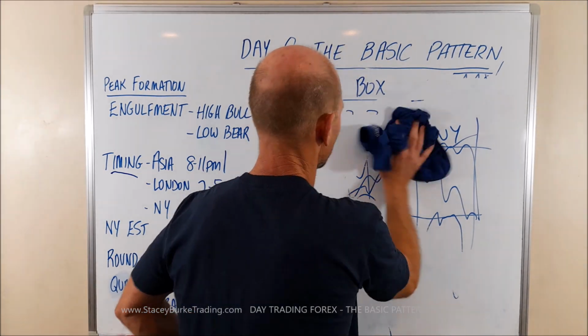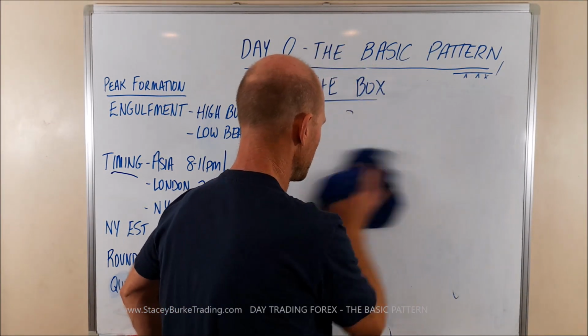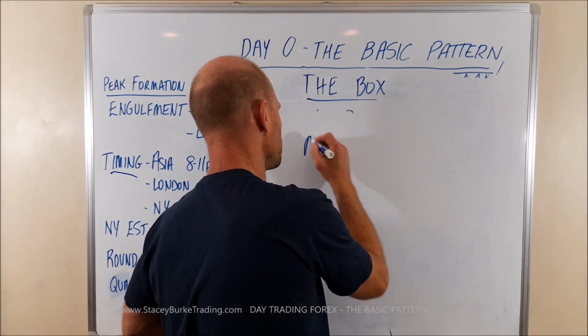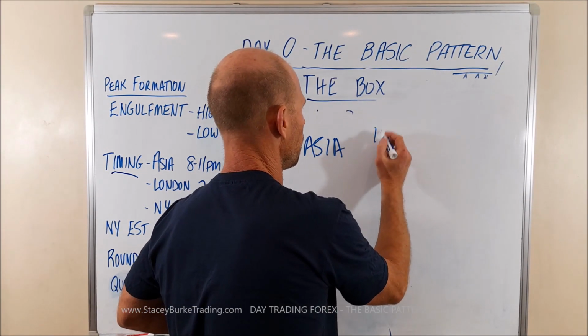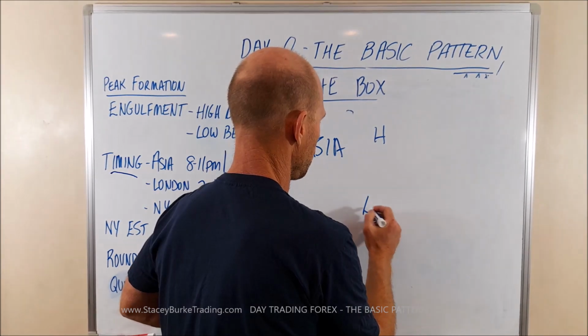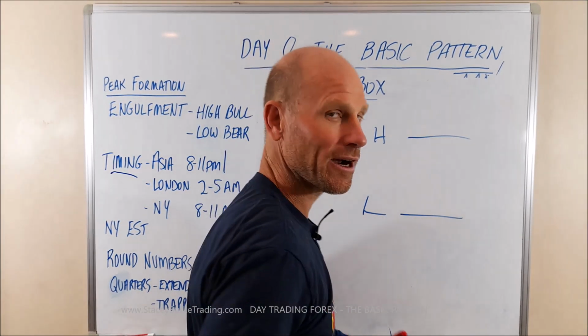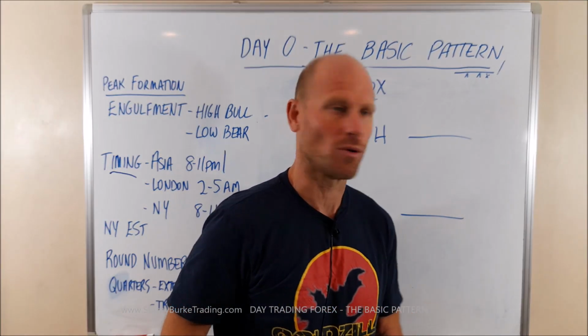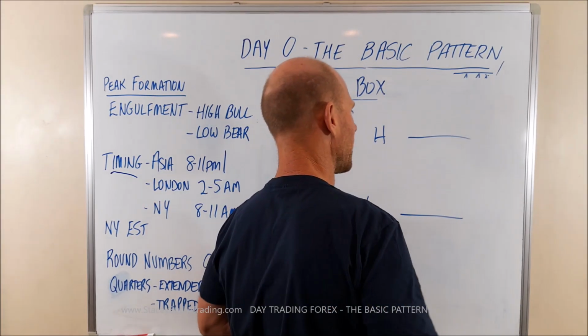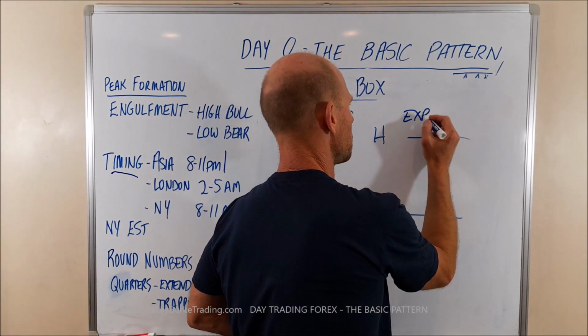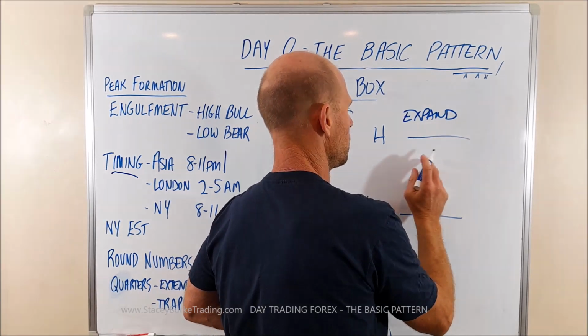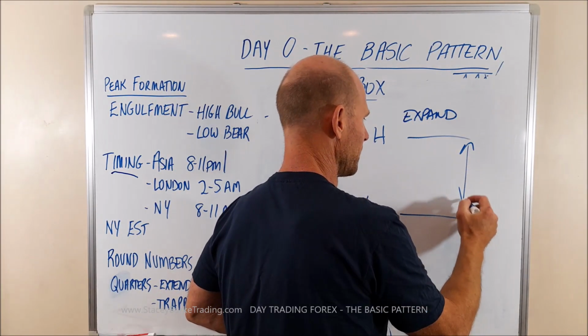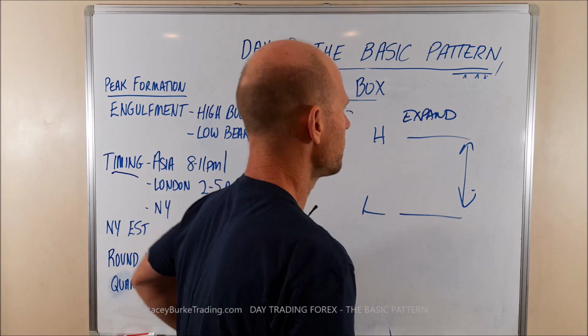But the day starts with a high and a low from the previous day, and as Asia starts to trade, it will put in both of those prior to heading into the Europe-London 12 candle window. And then we either expand the range, or stay inside for a day 0 or a narrow range day.